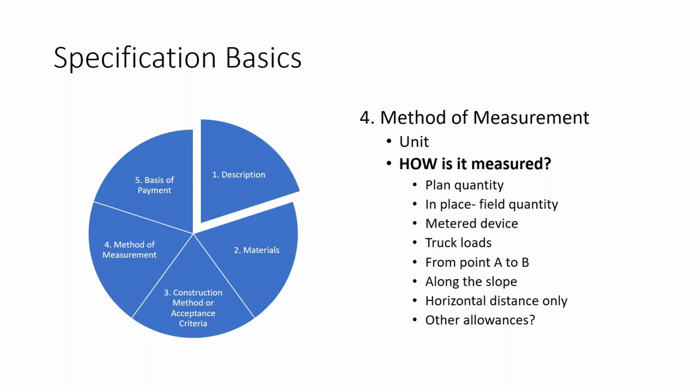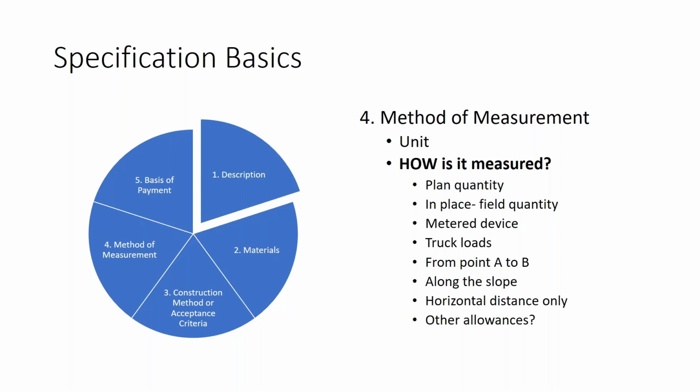Are we going to use a metered device, such as pavement markings and how many feet or miles we travel? Are we going to measure the truckloads? Are we going to measure it on the plans from point A to point B? Do we actually want to measure something along the slope rather than just a plan view?